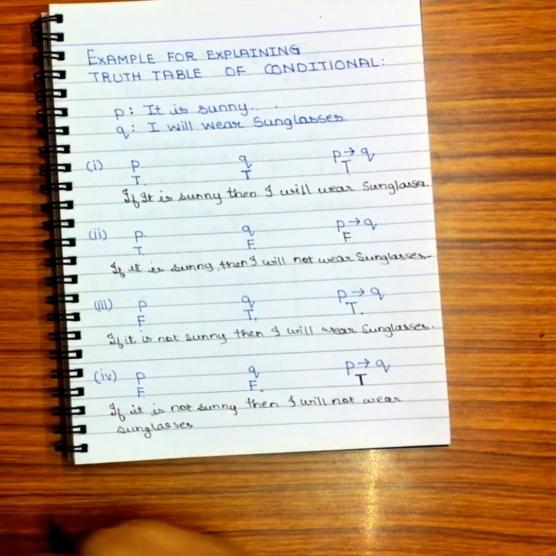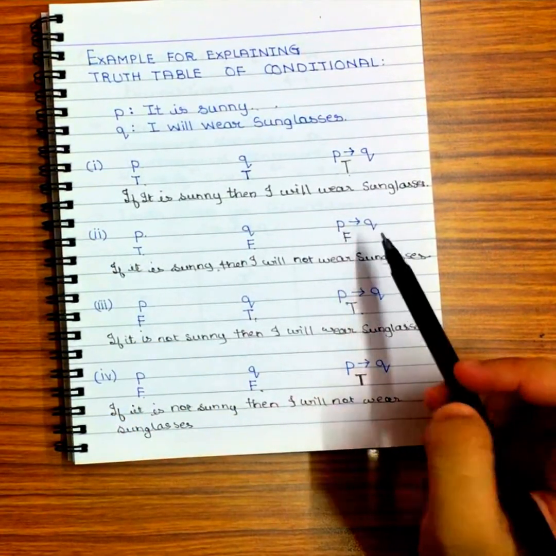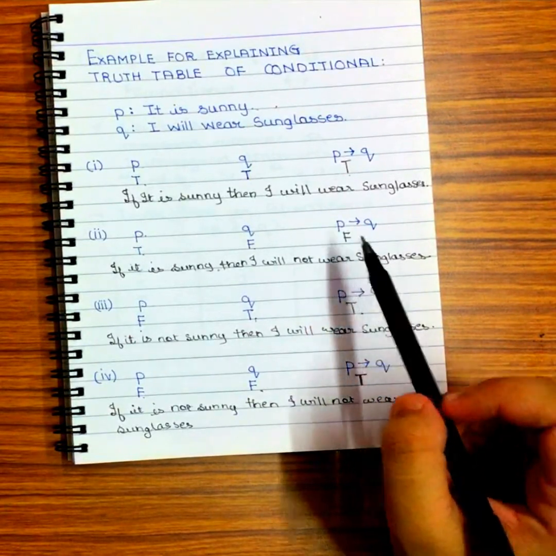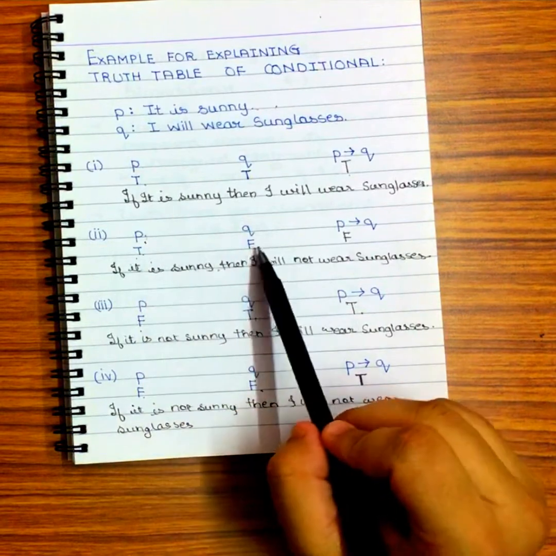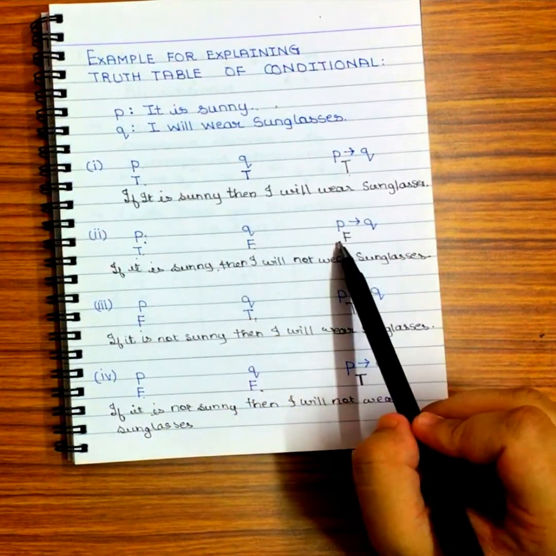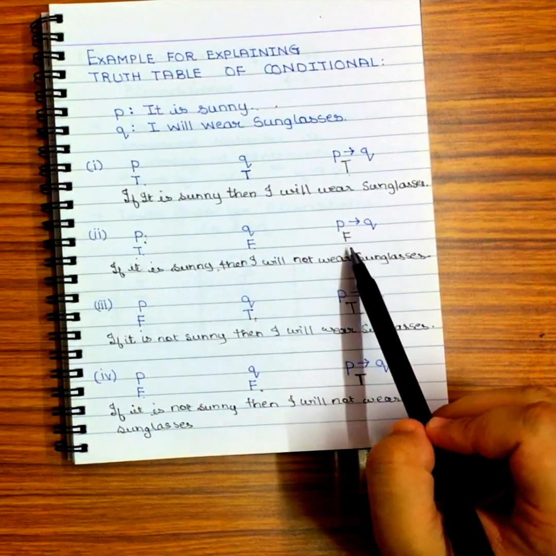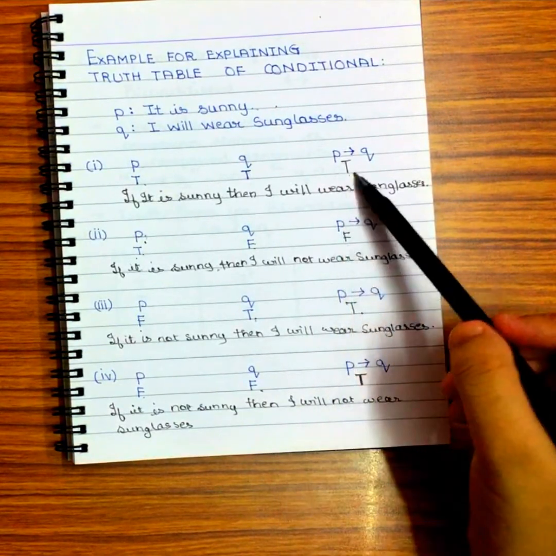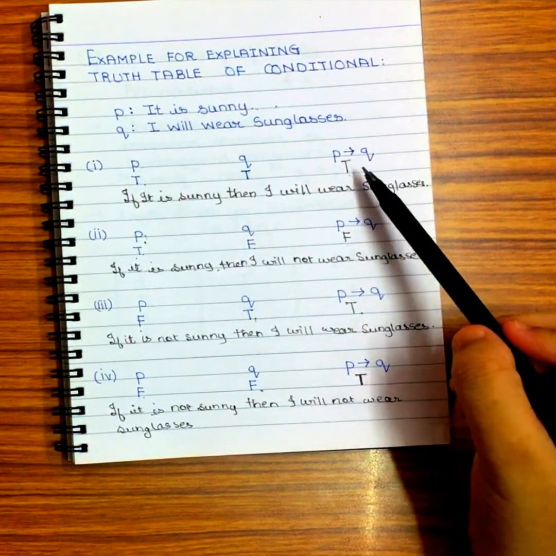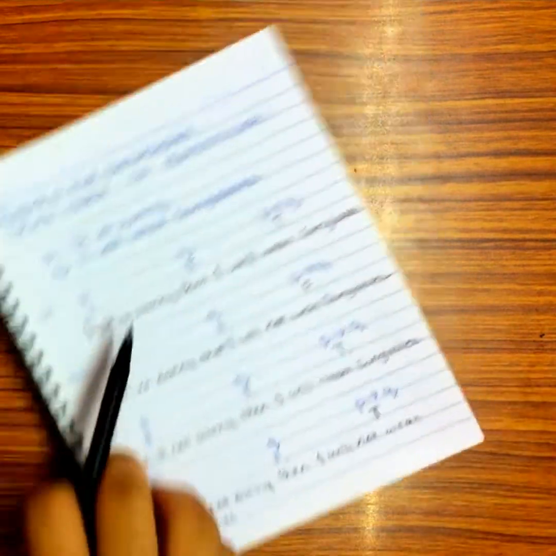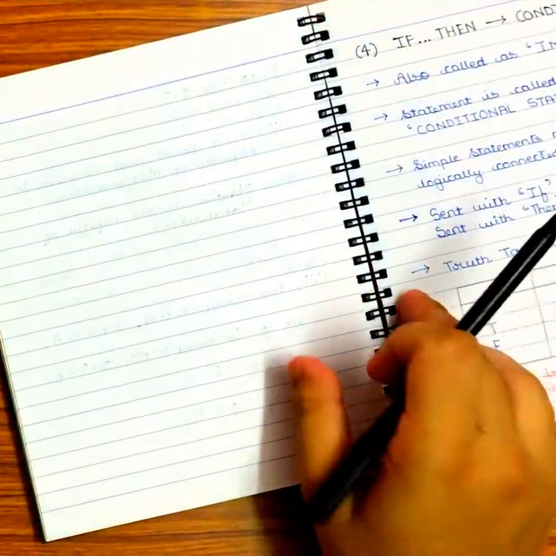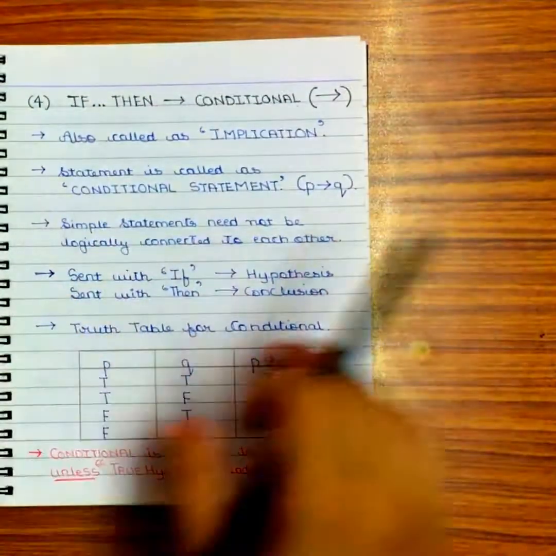So now what is the ultimate conclusion that we can draw out of this? That only when the hypothesis is true and your conclusion is false, only then your resulting statement will be false. Otherwise everything is going to be true, true and true, which implies now my condition that I had written over here.